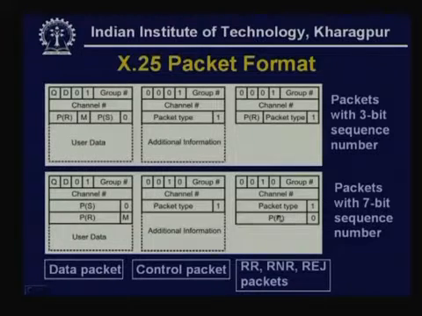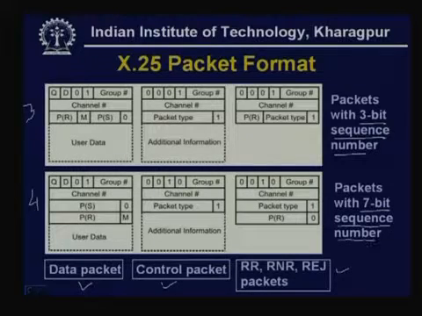So, here you see the packets are divided into three different types: data packet, control packet, and RR, RNR, REJ packets. As you can see here, the data packet comprises either a 3 byte header or a 4 byte header, and that depends on whether we are using a 3-bit sequence number or a 7-bit sequence number.